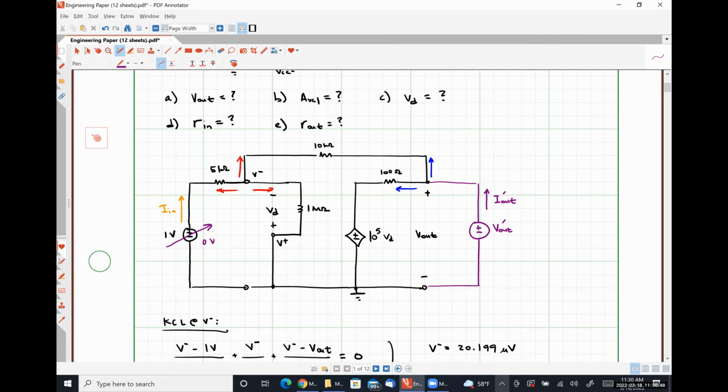Now, the reason why we're not going to calculate this quantity in this way for this very specific instance is because we know that the Thevenin resistance is nothing more than the Thevenin voltage or open circuit voltage divided by the Thevenin current, or excuse me, Norton current, or the short circuit current.